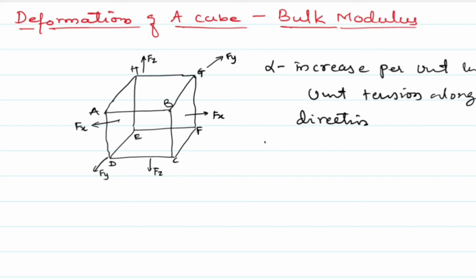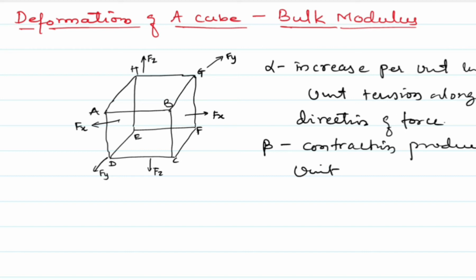As well as beta, that is along the direction of force, beta is the contraction produced per unit length per unit tension in a direction perpendicular to the force.